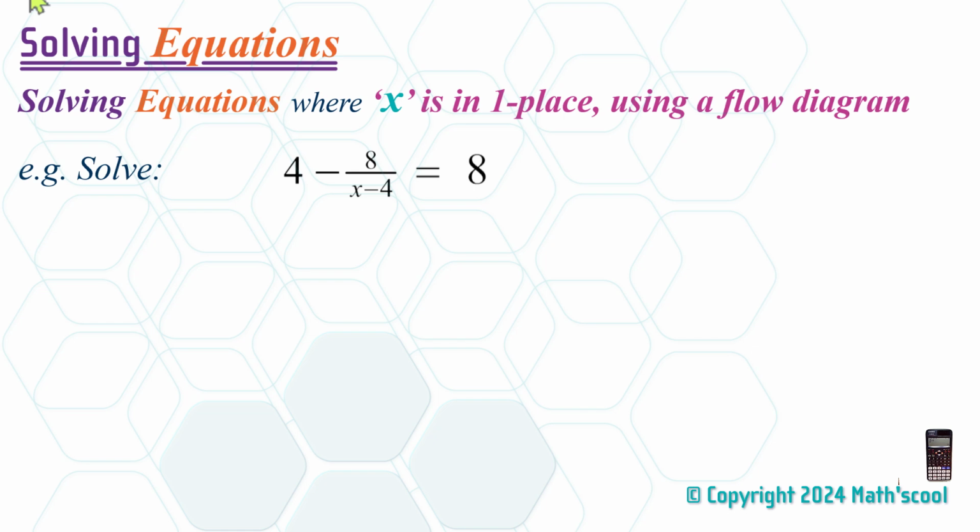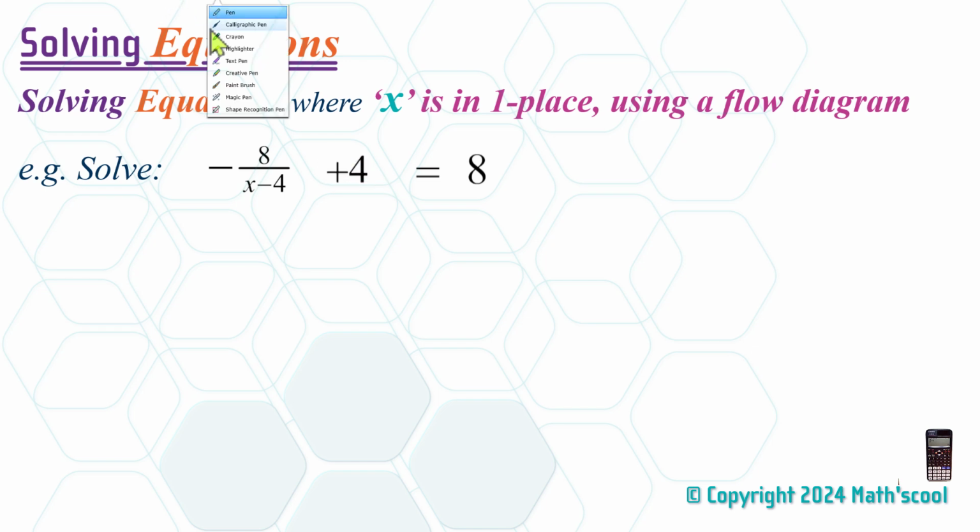Same thing again, we've got the x at the bottom of the fraction, so we're going to read the fraction upside down, but also the term containing x has got a negative at the start of it. So I'm also going to swap those terms around. I'm just going to pull this one over here and pull that one over there. Okay. So now my flow diagram is going to look like this. X minus 4, divide by 8.